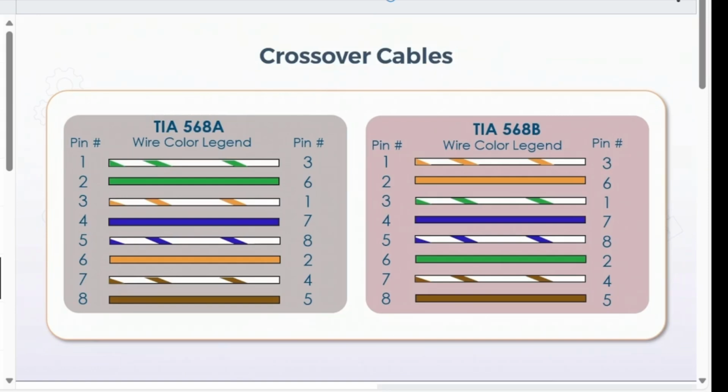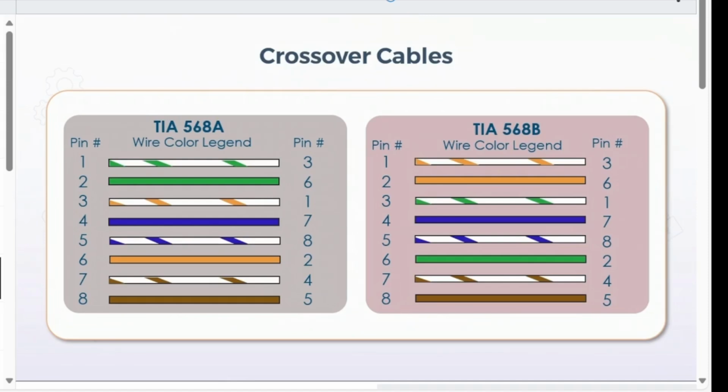But since every network interface on every computer is built the same way, if you use a straight-through cable to make a direct connection between two computers, you end up trying to transmit to the transmitters and receive from receivers, which clearly doesn't work. Hence, a crossover cable changes the pin configuration on one end so that you end up transmitting to receivers and receiving from transmitters.